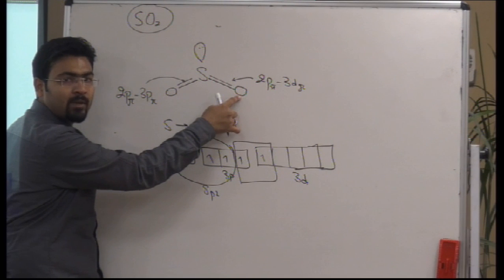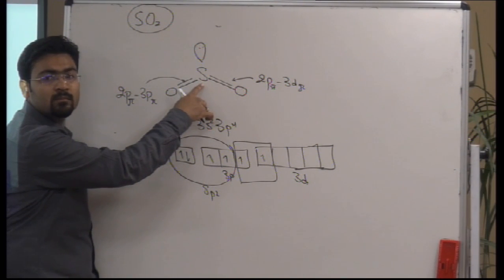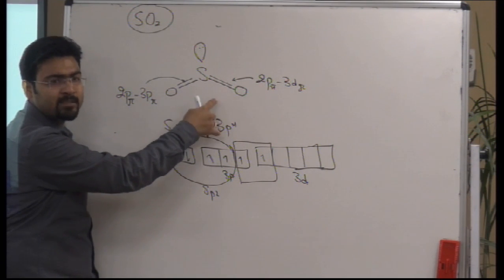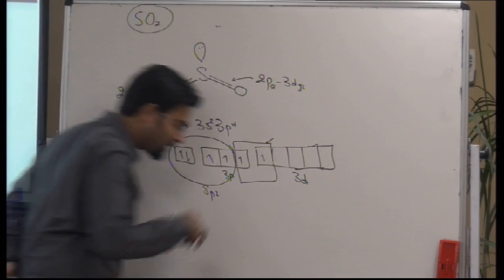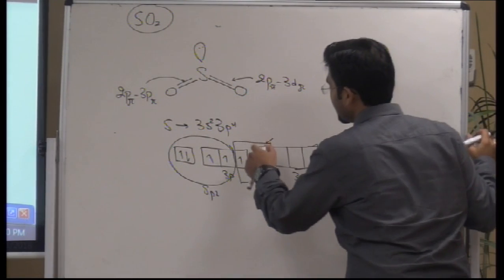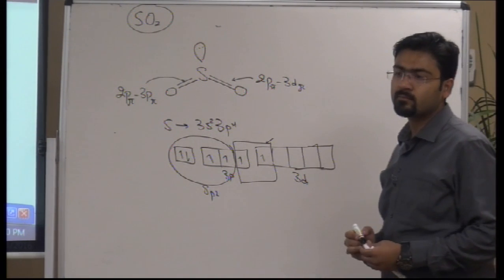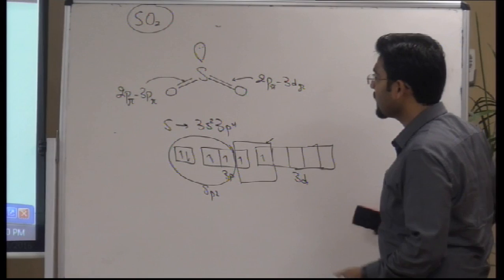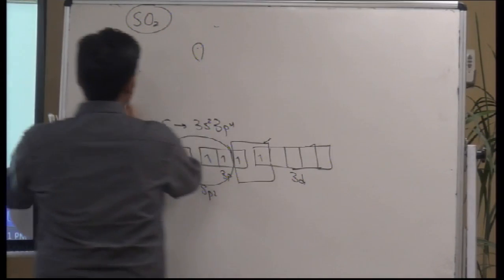Oxygen has, for example, a 2pz, and sulfur has a 3d orbital, maybe 3dyz or 3dz2 or something else. Let's not get into which one that is, because that will complicate the matter right now. It will be one of the 3d orbitals through which it overlaps and forms the pi bond. Got it? Should I erase? Okay. So this is about the structure of SO2.